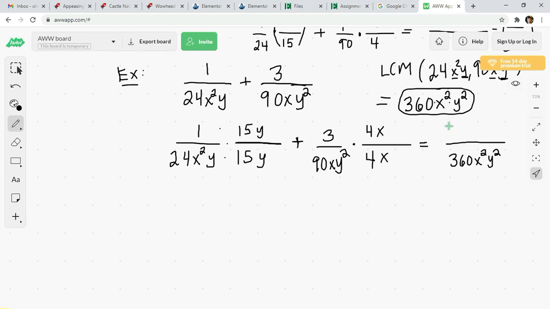In doing that, we get 15y plus 12x. And notice the way I started the problem is I had a 3 over 90. So notice we can actually factor out a common factor of 3.